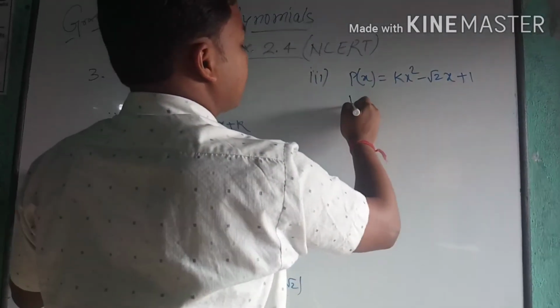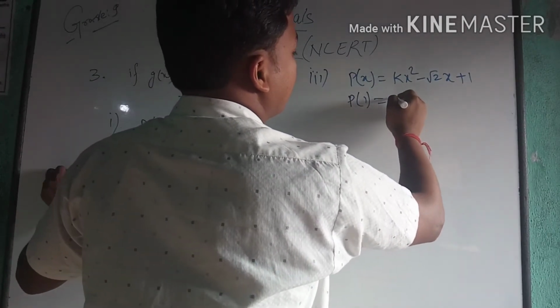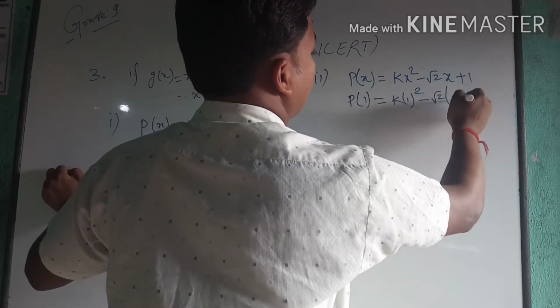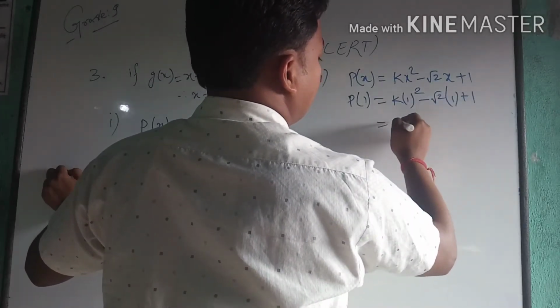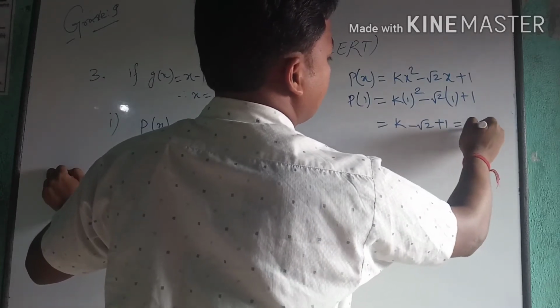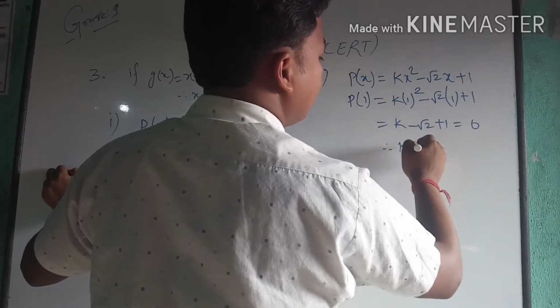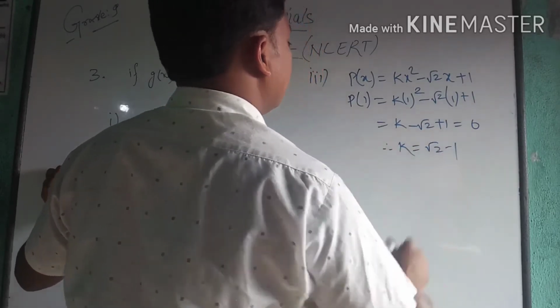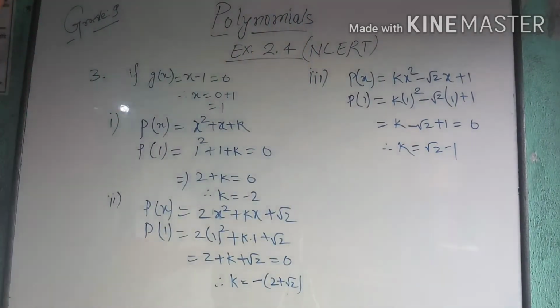So we have to use the same method. P(1): k into 1 whole square minus root 2 into 1 plus 1, k minus root 2 plus 1, and this is equal to 0, hence k is equal to root 2 minus 1. And part 4 is simple, so you can do that.